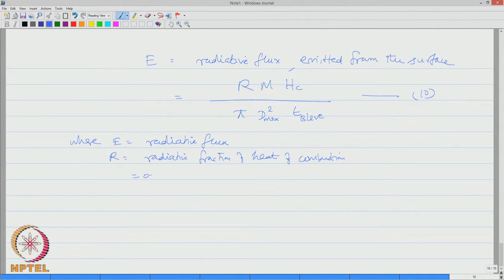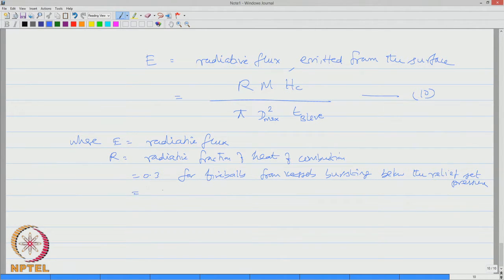usually taken as 0.3 for fireballs from vessels bursting below the relief set pressure.